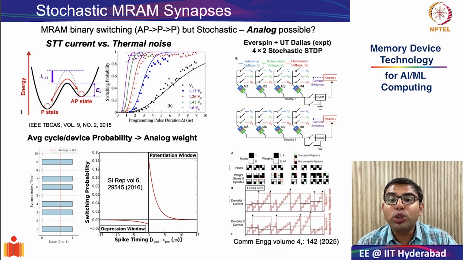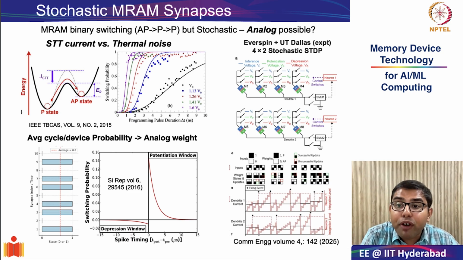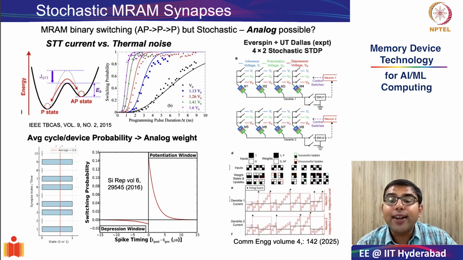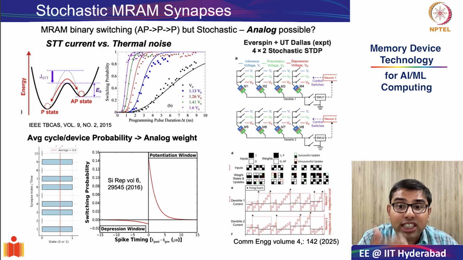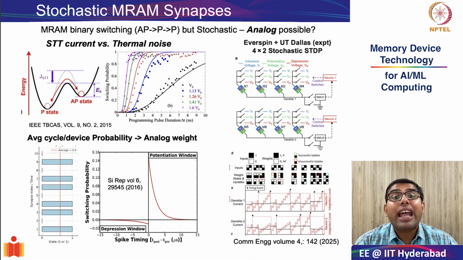When the pre and post synaptic spikes occur in the right order, the potentiation increases the likelihood of switching to the parallel state, and when they arrive in reverse, the depression pulses encourage switching back to anti-parallel state. And by encoding the probabilities into synaptic weights by averaging, you are able to essentially do computation.